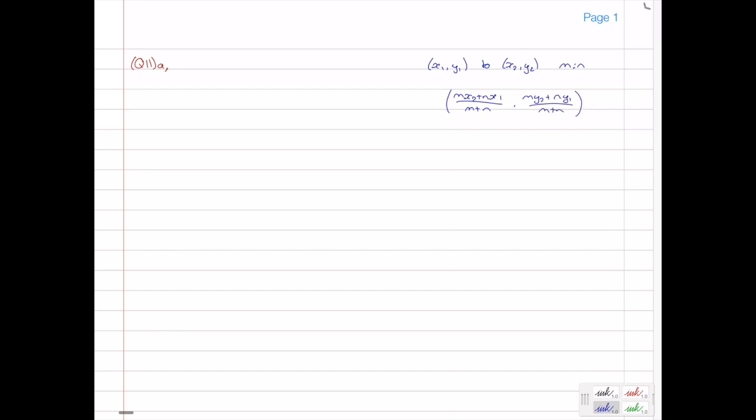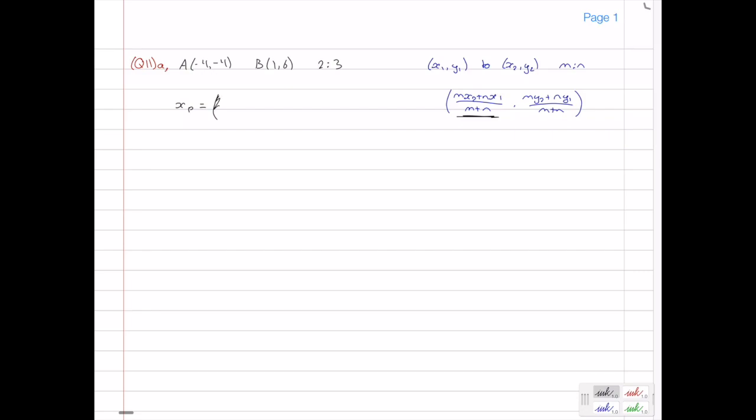Okay, now in our case, what do we have? We have A, which is (-4, -4), and B, which is (1, 6), and we're dividing in the ratio 2 to 3. The question also only asks for the x-coordinate, so the x-coordinate of the point P is given just by this part here. We can just go ahead and apply that.